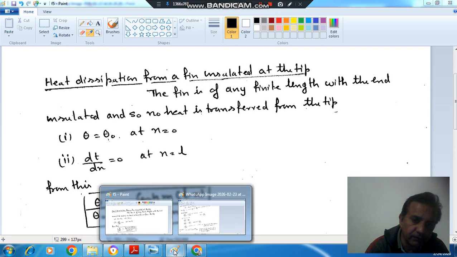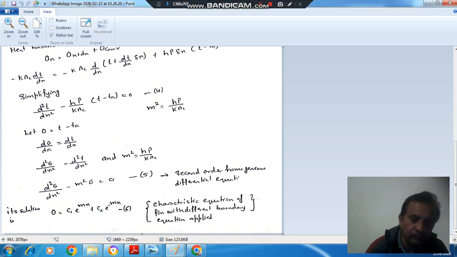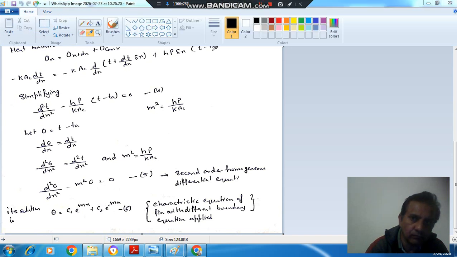So we have derived the general equation, or characteristic equation, of a pin, that is theta equals C1 e raised to mx plus C2 e raised to minus mx, where theta is the temperature difference at any location x between the fin and atmosphere, m is root of hp by kAc, and C1 and C2 are constants.